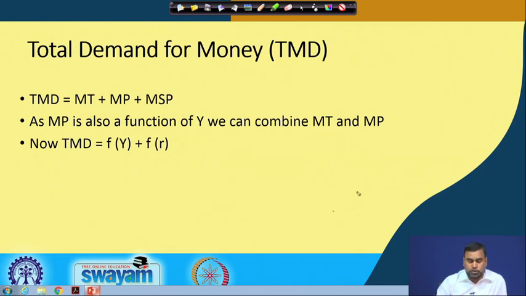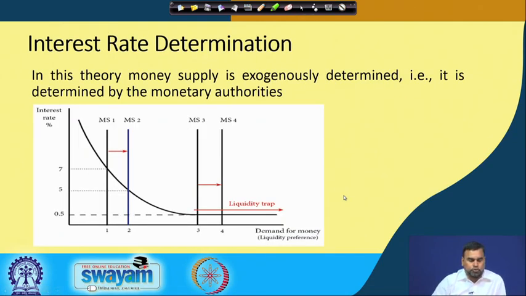But another question here: the equilibrium can be established only when we know the supply side. And according to Keynes, the money supply is exogenously determined. Exogenously determined means the monetary authority can decide how much the money supply should be.